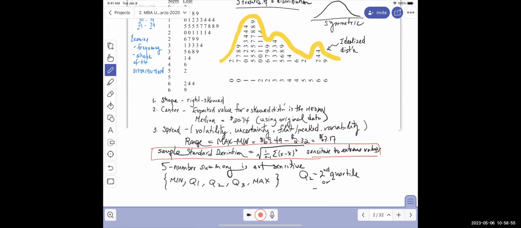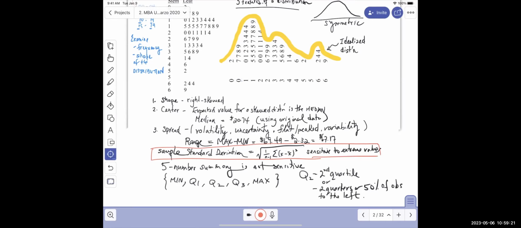So a quarter is 25%, right? 2 quarters is 50% of the observations are to the left.